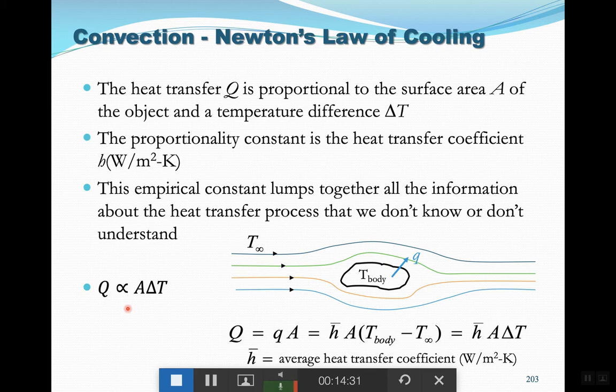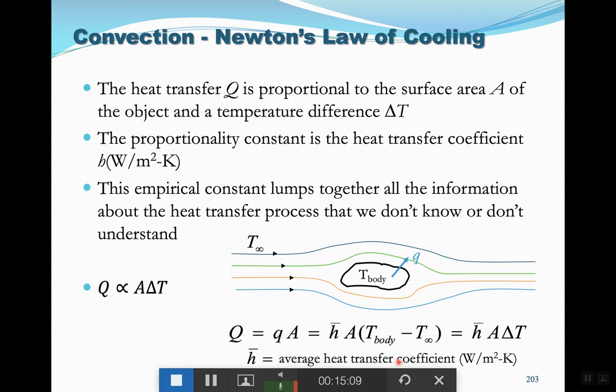To make this into an equation, we add something called H, which is called the average heat transfer coefficient. So by adding H, basically you make that proportionality into an equation. But guys, remember, H is much more complex than K. So it's not as easy as calculating K. H is flow dependent, meaning you cannot calculate H for wood or for steel.